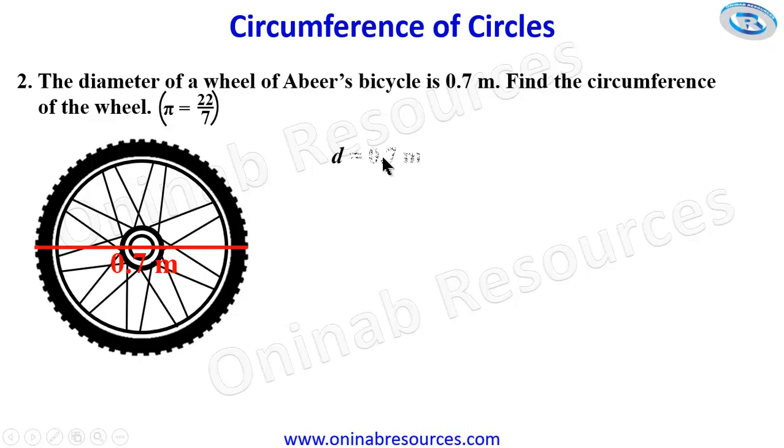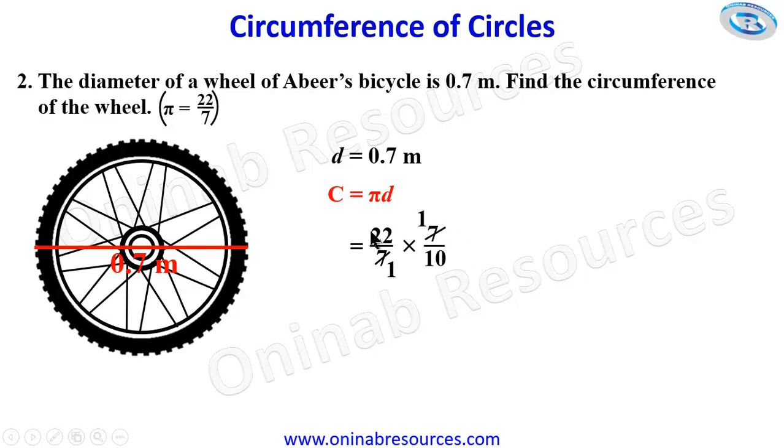We are given the diameter to be 0.7 meters, so our formula for calculating the circumference of the wheel is pi d. That's going to give us 22 over 7 times 7 over 10. Since this is in decimal, it will be easier for us to work with fractions. So 7 goes into 7 1, 7 goes into 7 1.